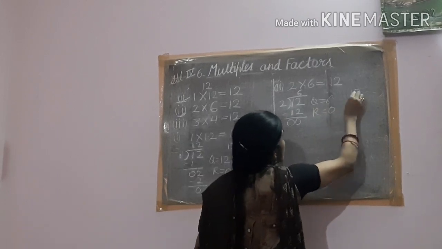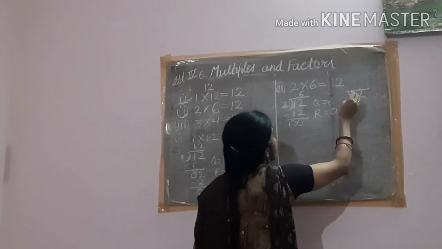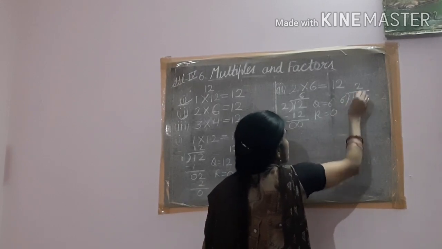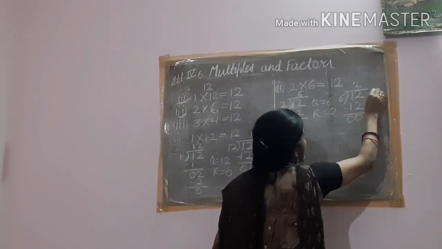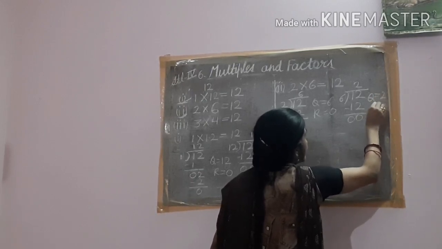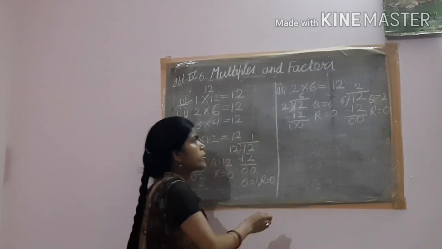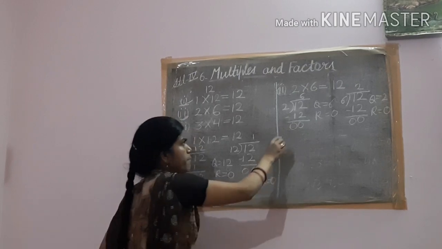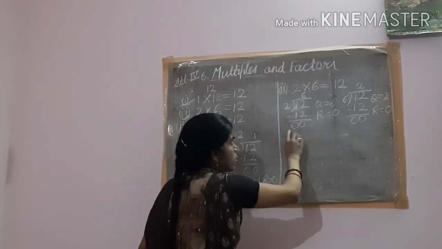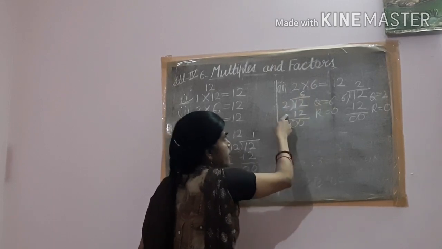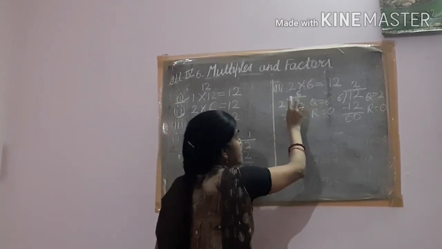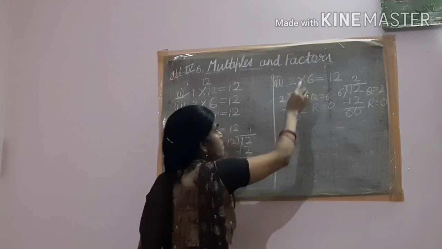Another pair: 12 divided by 6. 6 twos are 12. Here now quotient is equal to 2 and remainder is equal to 0. Here also remainder is 0. So thus we observe that 12 is divisible by 2 and 6 both.